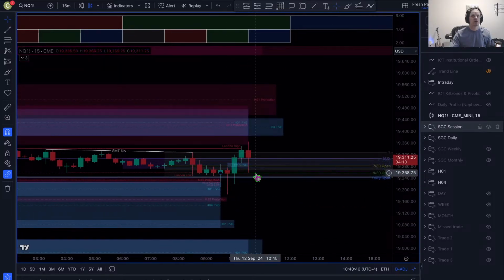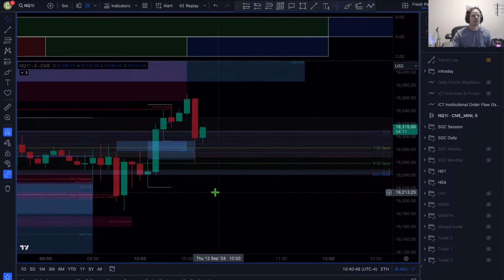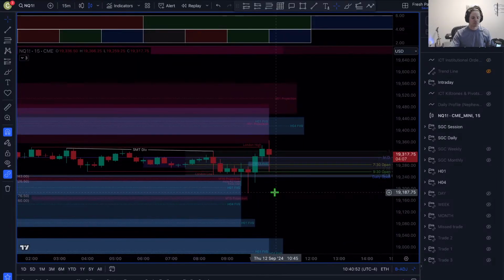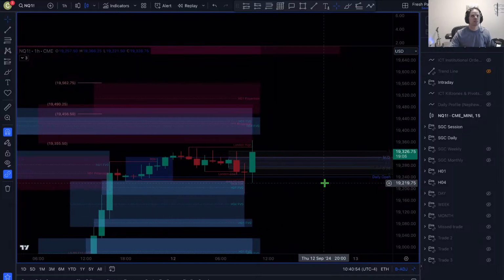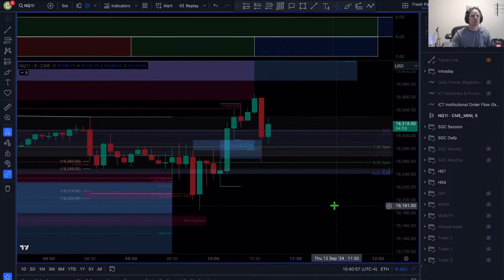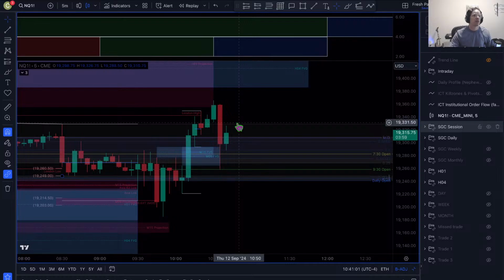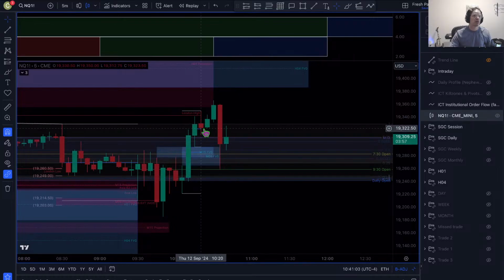The 15 moves came back and touched 930 open. Five minute, we're filling this. This is your breaker block on the 5 minute.